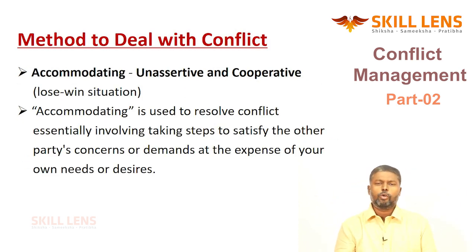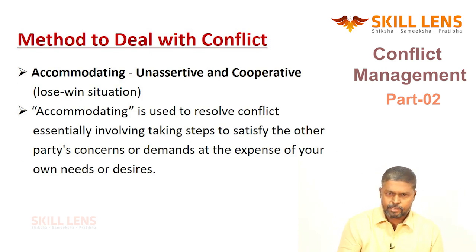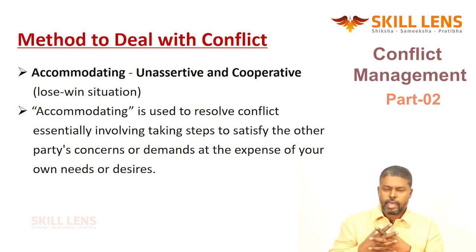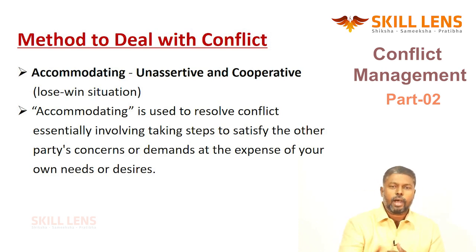The second one that we're going to discuss is called accommodating. Accommodating is unassertive and cooperative, wherein I am thinking about others' needs more than mine. So this is a lose-win situation, a lose from my end and a win to the other.